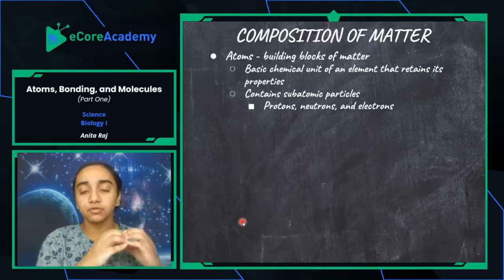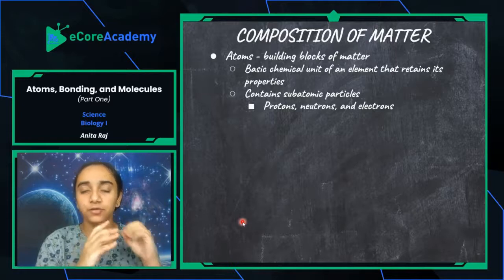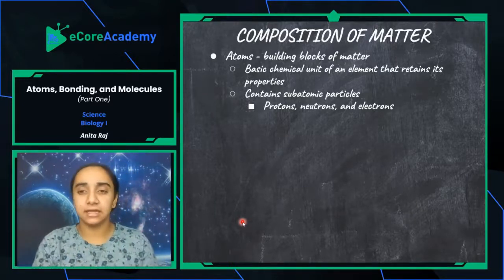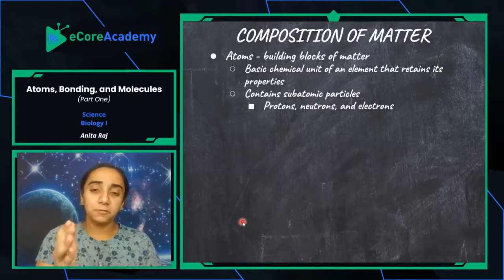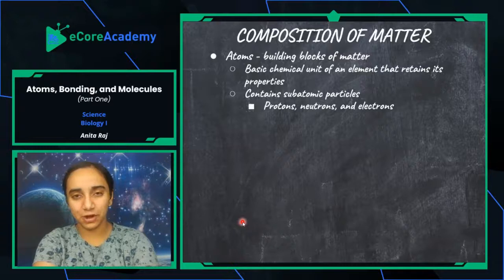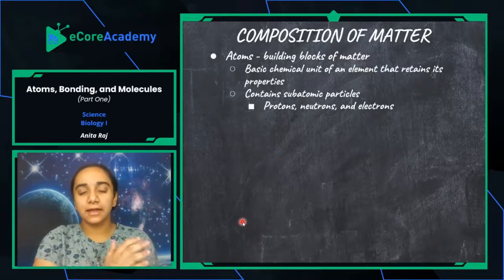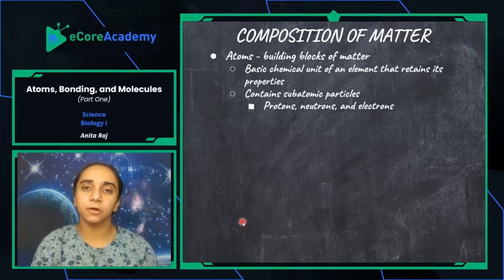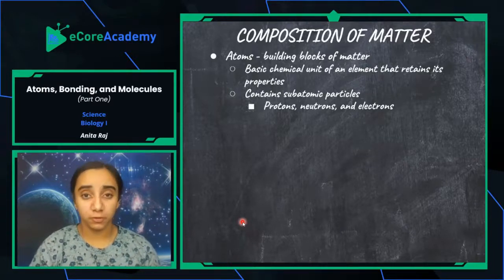So atoms do represent those elements, and at the atomic level, it still retains the element's properties. You were probably wondering, what is a proton if you've never heard of one before? Well, atoms contain subatomic particles, which, like I told you, are particles found inside and around the atom that are even smaller than the atom.